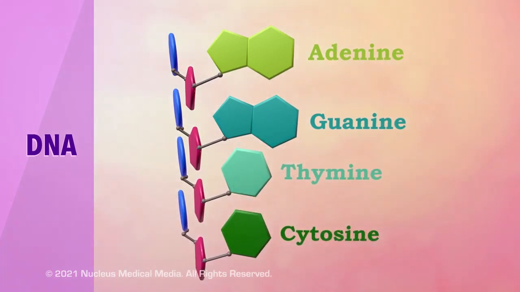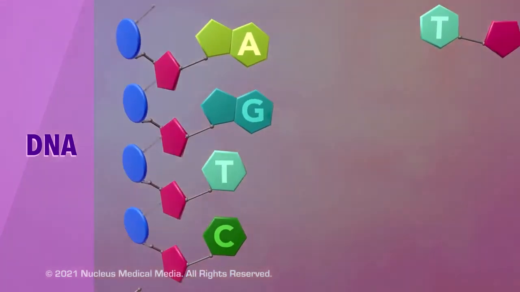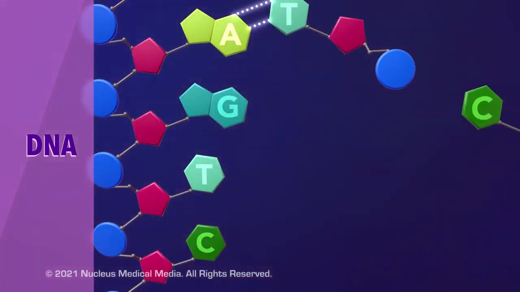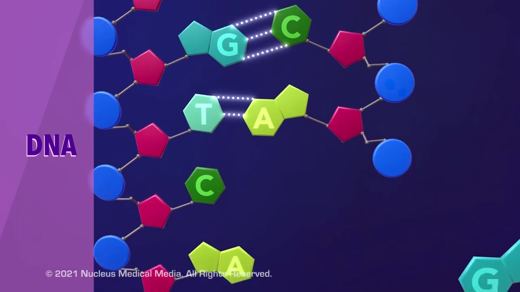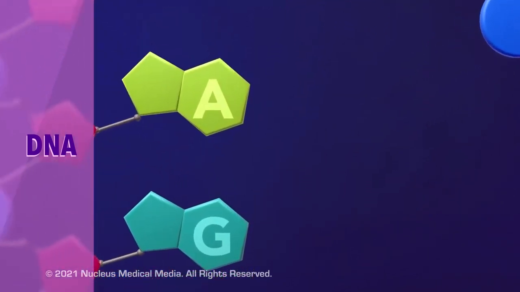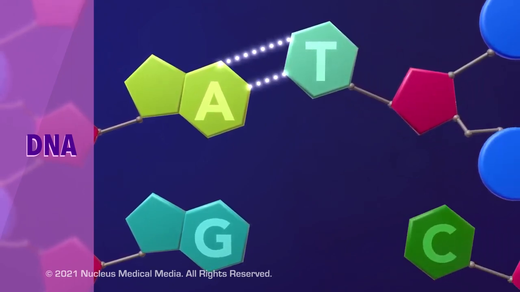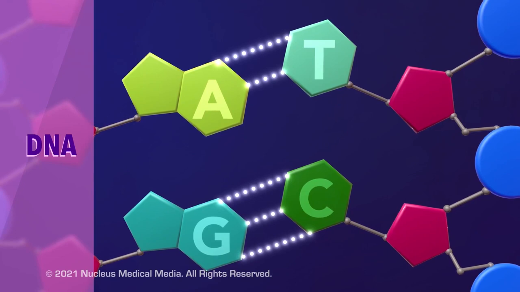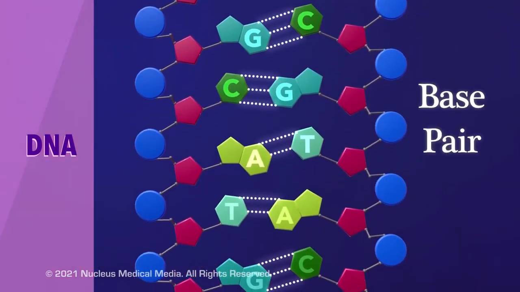These 4 bases are usually abbreviated A, G, T, and C. When nucleotide bases connect through hydrogen bonds, it's important to know that the bases always pair up with the same partners. Adenine only pairs with thymine, and guanine only pairs with cytosine. This is called the base pair rule.